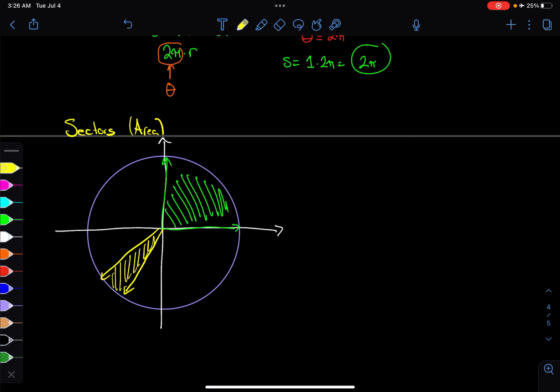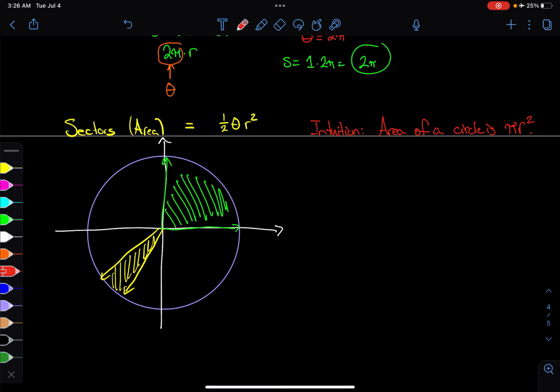And this also has a formula, and so the formula is 1/2 theta times r squared. Now, why does this formula make sense? So again, intuitively, right? The area of a circle is what? Well, the area of a circle is pi r squared.